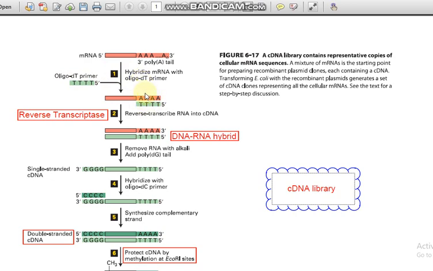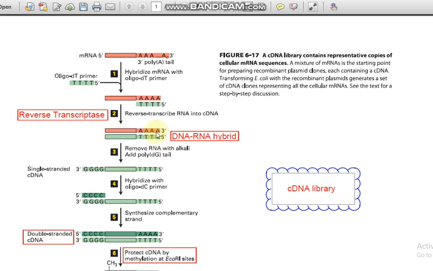Now arrives the reverse transcriptase enzyme, and this process is known as reverse transcription, where a complementary DNA is synthesized on this RNA template. This reverse transcriptase is an RNA dependent DNA polymerase which synthesizes this single strand of complementary DNA.